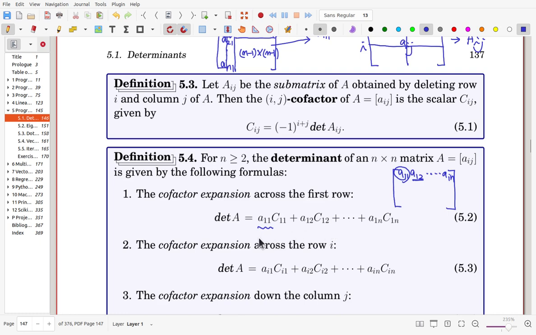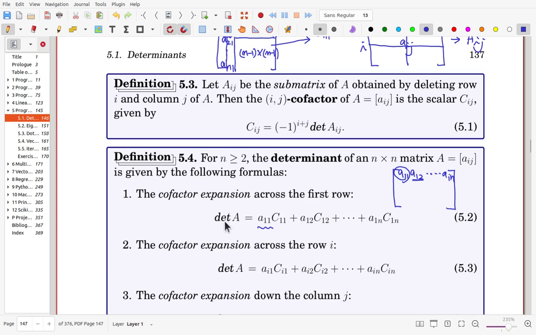That is cofactor expansion across the first row, and we define the determinant of A as the same as the cofactor expansion. Fortunately, we can make such a cofactor expansion not only with the first row, but also across any ith row. Then the result must be the same.